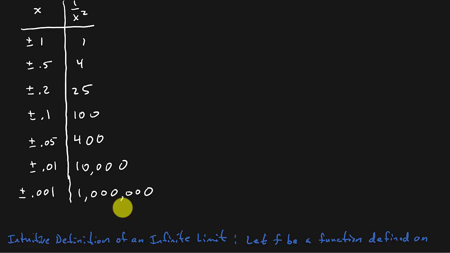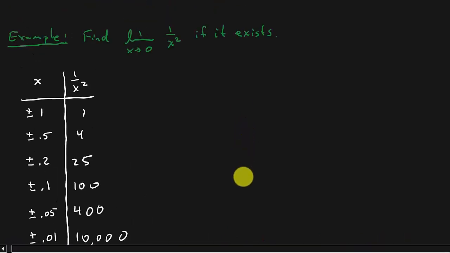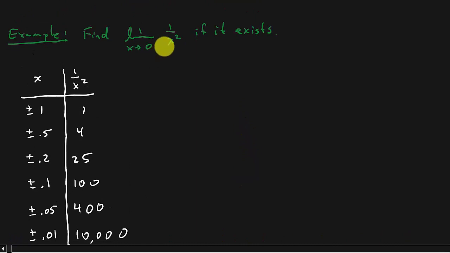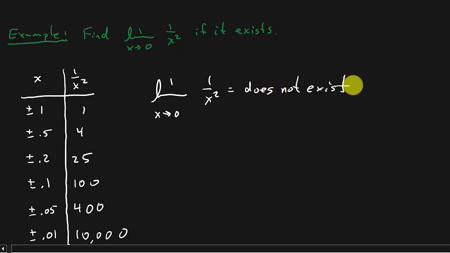As x is getting closer and closer to 0, f of x is not approaching any number. It's just getting bigger and bigger. So it's not approaching anything. And so this limit, as x goes to 0 of 1 over x squared, does not exist.